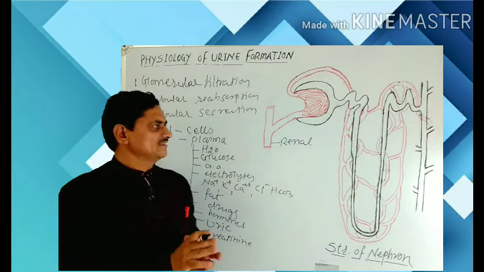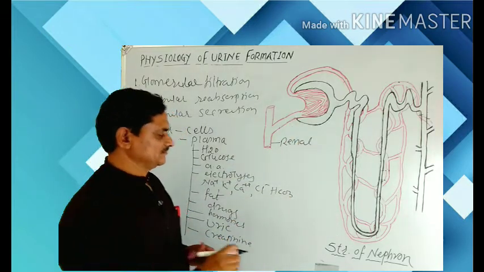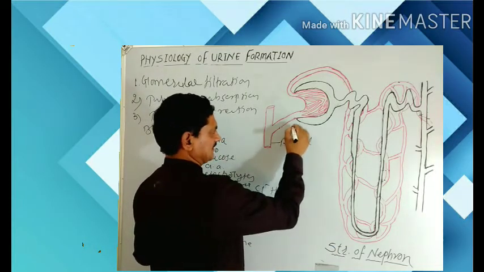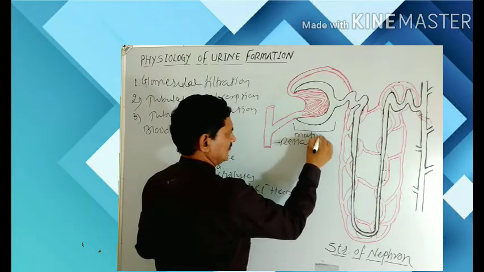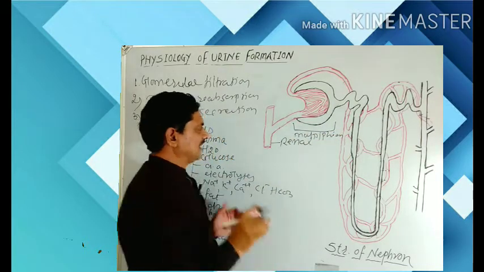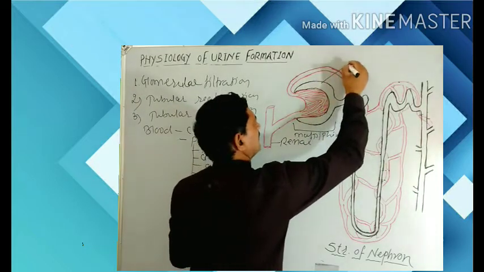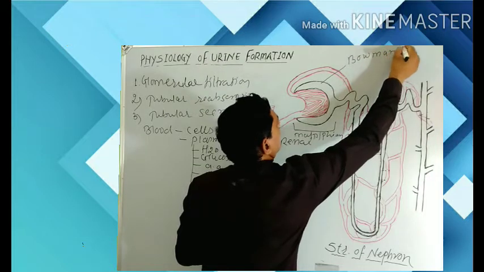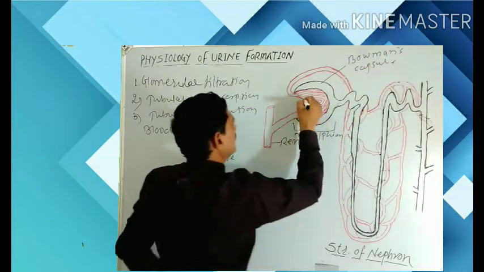So, we also summarize the structural unit of urine formation, that is the nephron. The nephron consists of a Malpighian body. This Malpighian body is composed of a cup shaped double walled Bowman's capsule and the glomerulus.